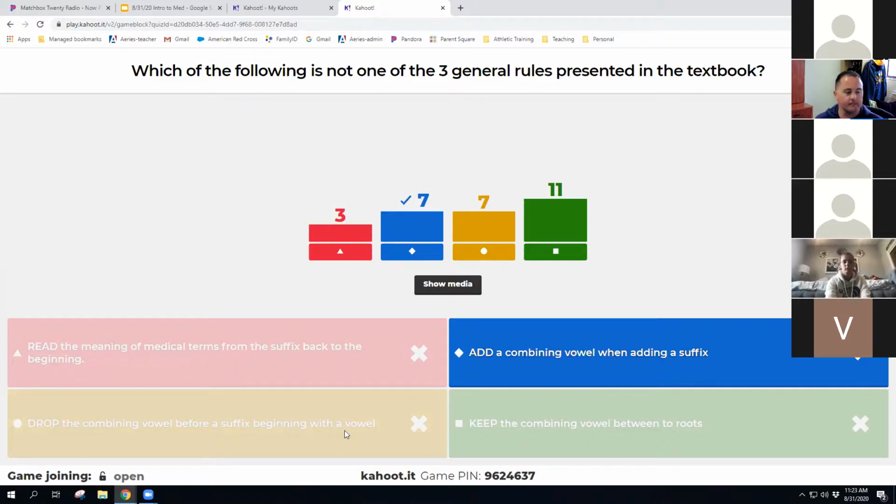And the combining vowel there typically is an O, but you need to drop it so that it's not gastroitis. Okay, it's gastritis. Keep the combining vowel between 2 roots. So if there are multiple roots, you're going to keep that combining vowel there. This one I made up about adding a combining vowel when adding a suffix.